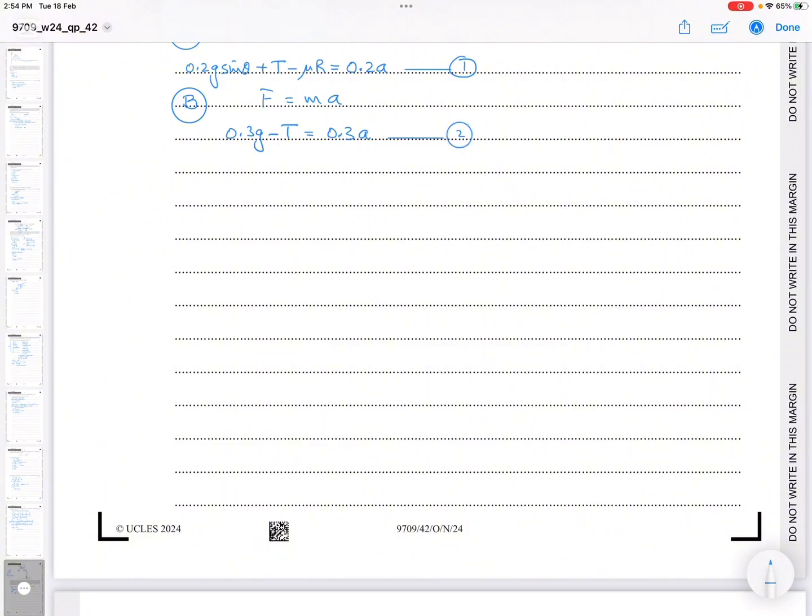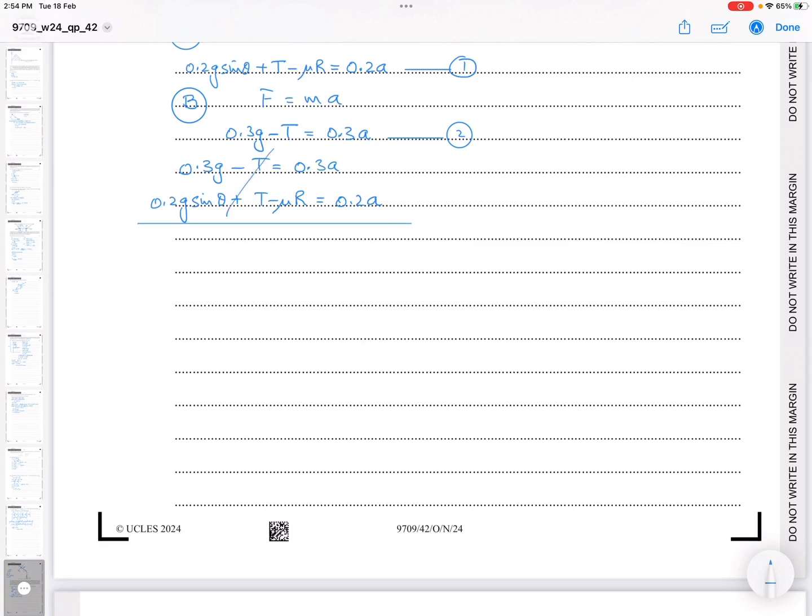Solve 1 and 2 simultaneously. So 0.3 g minus T equals 0.3 a, 0.2 g sine theta plus T minus mu R is equal to 0.2 a.